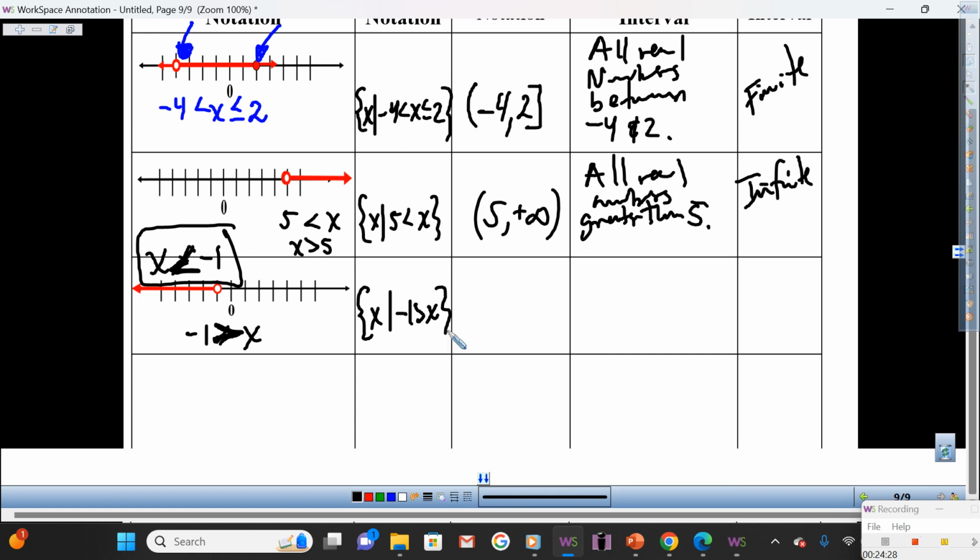All right. So interval notation. What did you write? Negative infinity, comma, -1.